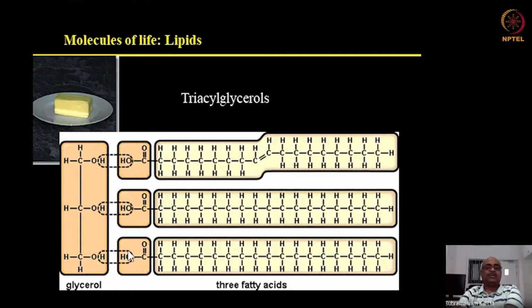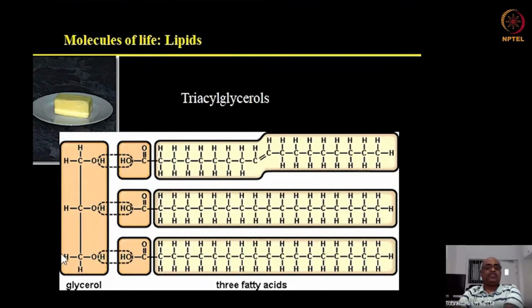That is because it is not merely a hydroxyl group, it is attached to a carbonyl carbon here. As a result, it has acid property, not alcohol property. And here you see this hydroxyl group of another organic molecule, this is an alcohol. So this is an ester linkage.